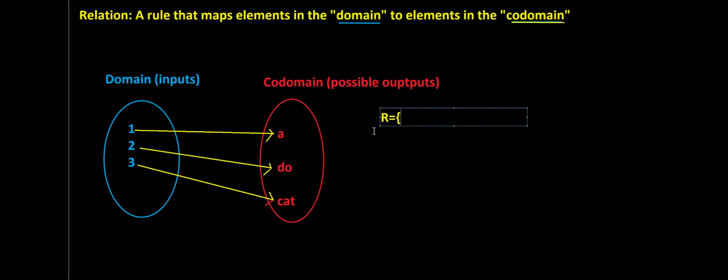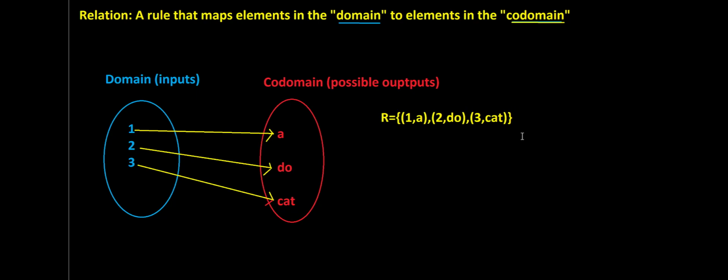And when I list the ordered pairs, in each pair, I'm going to start with the input, for example, 1, and then I list the output, which would be A. The next ordered pair, the next arrow is 2, do, and the last one, I only have 3 little arrows in my diagram, is 3, cat. And I'm going to close that with a curly bracket to represent that the set is done.